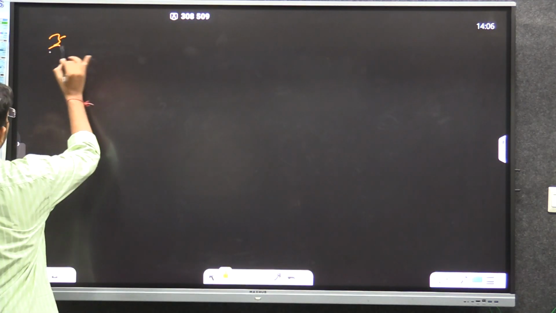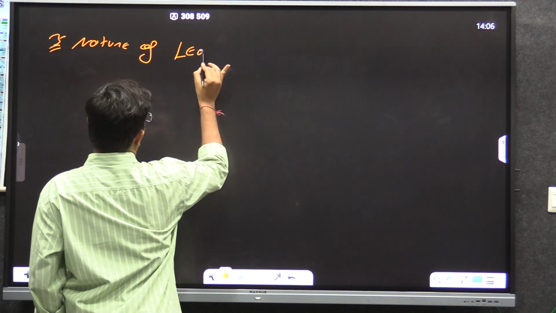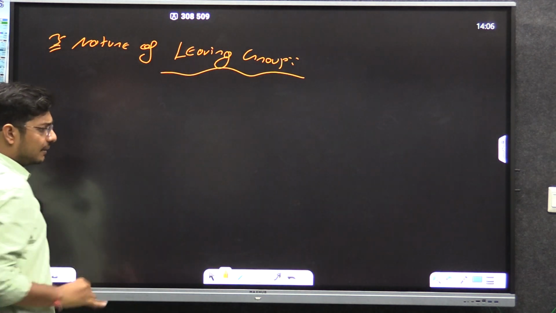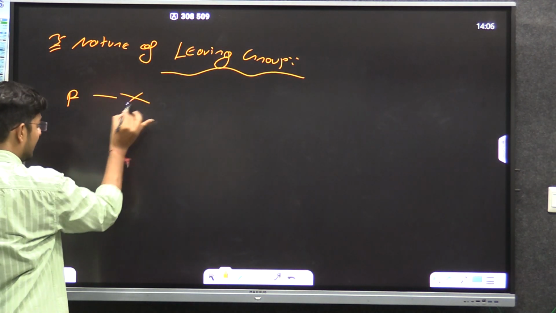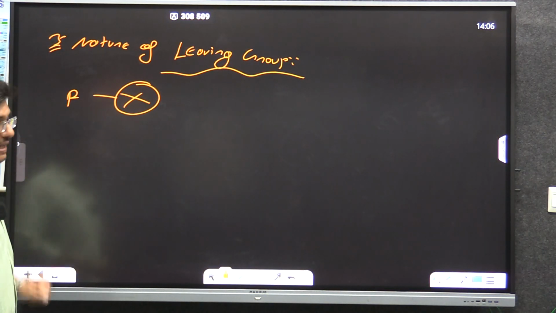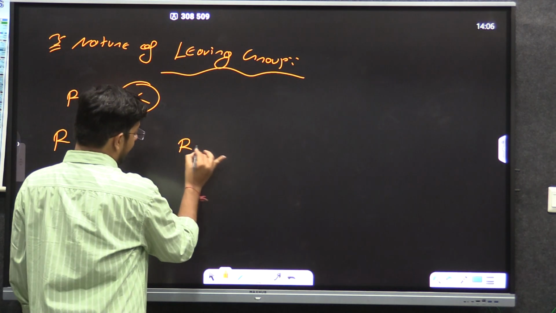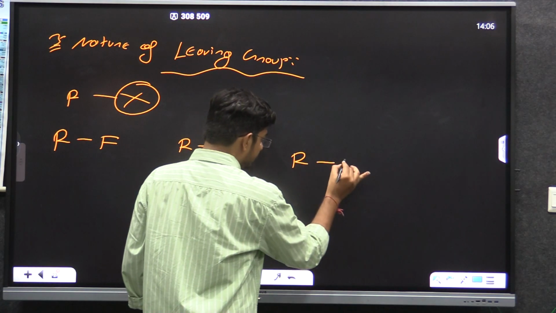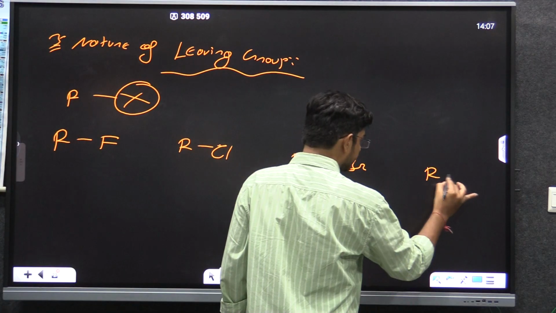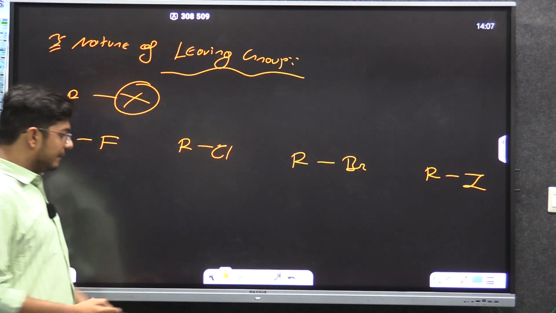The third factor is the nature of a leaving group. This is a very simple factor. As we know, this alkyl halide, or this halide, will behave as a leaving group in the SN1 mechanism as well. Let's suppose we have three different halides. Which one will be considered a good leaving group?